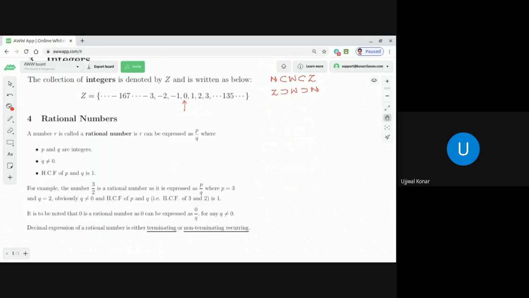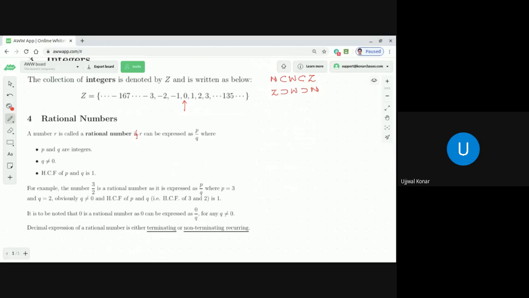As you see, dear students, a number R is called a rational number if R can be expressed as P by Q, where P and Q are integers.